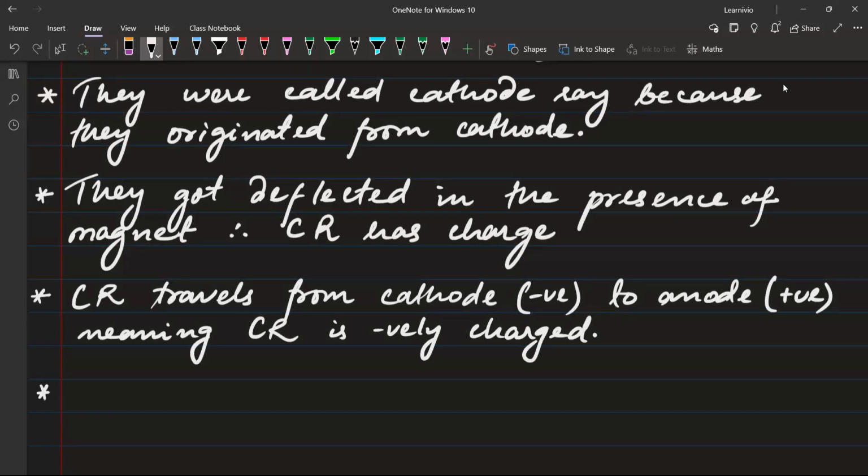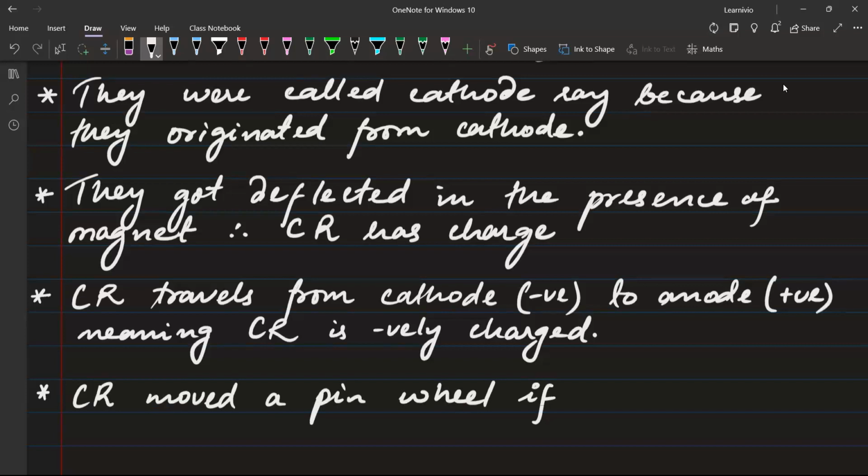Next point, cathode rays move a pinwheel if placed on their path. Therefore, if something can move, let us suppose wind.